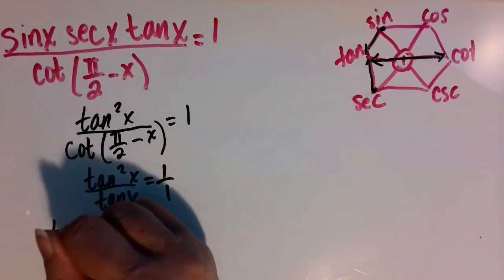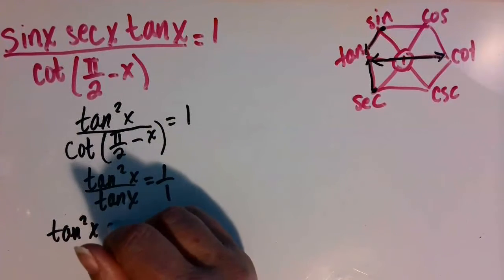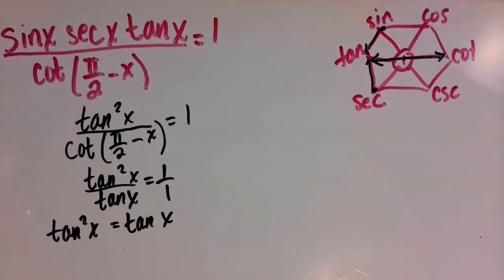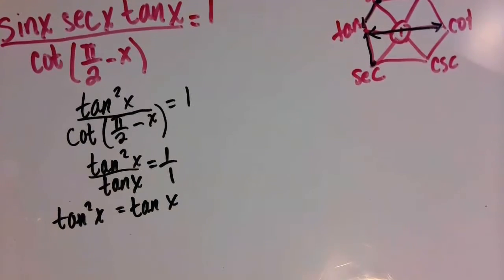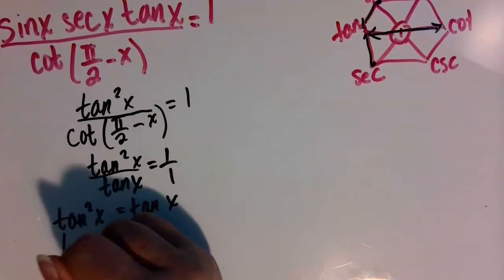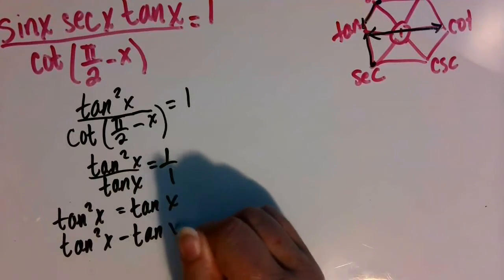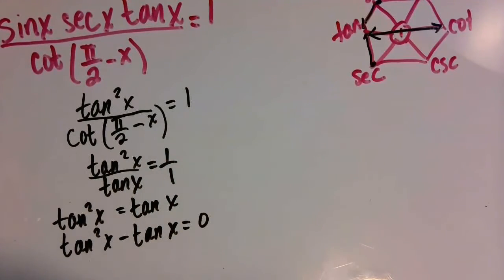So tangent squared x is equal to tangent of x, and then we're going to go ahead and subtract the tangent of x to get it on the same side as the tangent squared of x, so we can factor out that GCF.